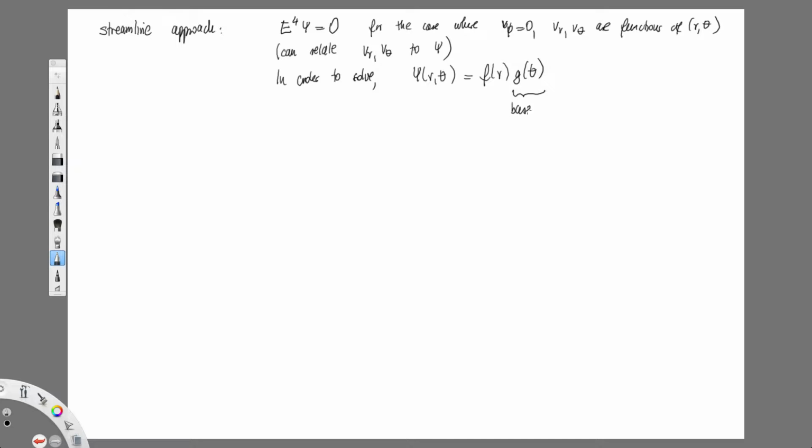So based on boundary conditions, g of theta was sine squared theta. Let me just look up the actual solution that we got.